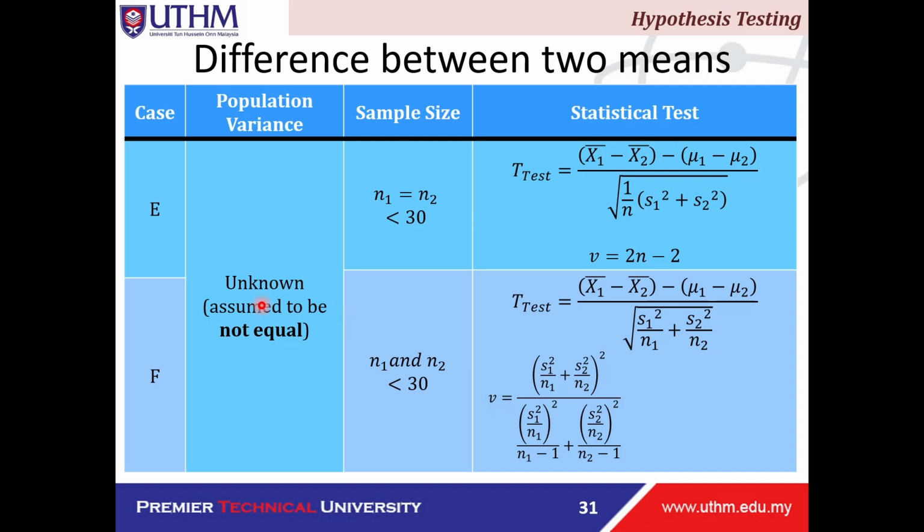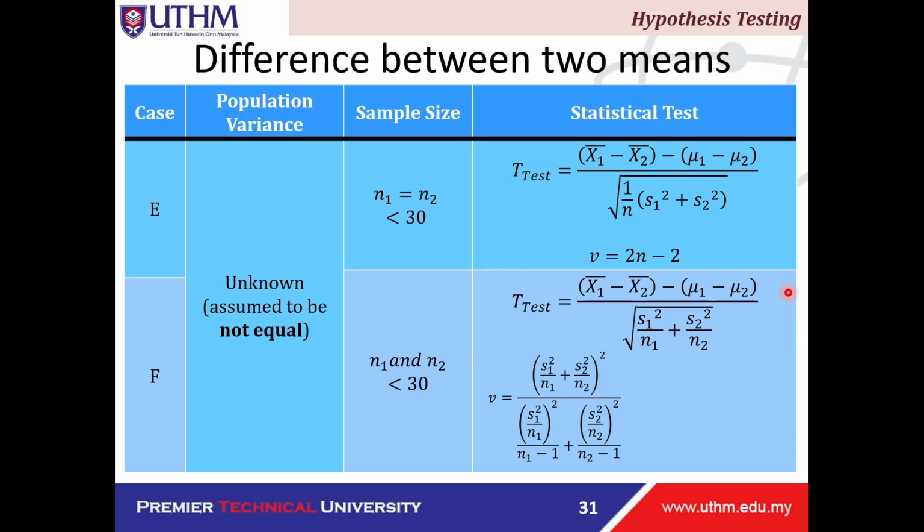Case E and F: both population variances are unknown and assumed to be not equal. Case E: both sample sizes are equal and less than 30. And F: sample sizes are not equal, but less than 30.